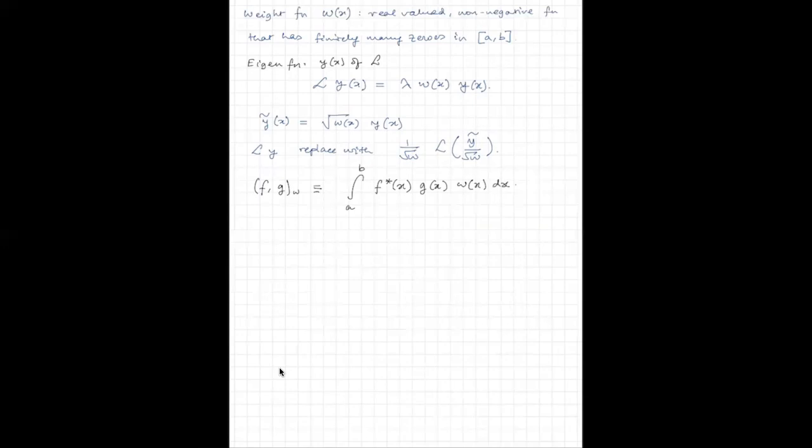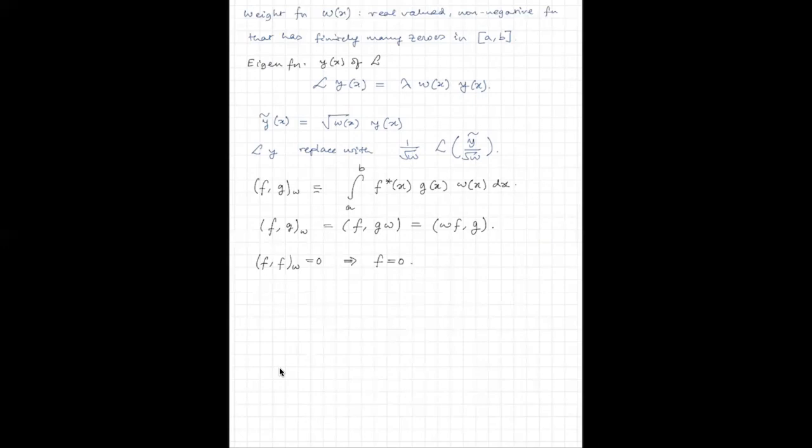And since w is real, the inner product of f and g with weight w is equal to the inner product of f with weight w of g. Okay. So the inner product is non-degenerate if f is continuous. So the inner product of f with f with weight w equal to 0 would mean that f is equal to 0.